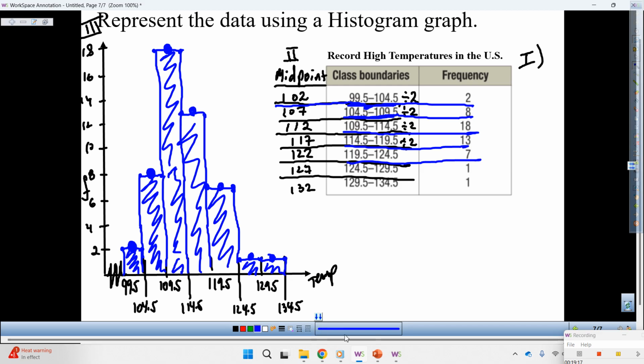From 1 to 5, how comfortable are you with histograms? We got it, right? But we're not done. They're giving us a title for this data, and you need to come up with a conclusion. Look at the data. Look at the graph. Tell your neighbor what would be a conclusion according to what they gave us.